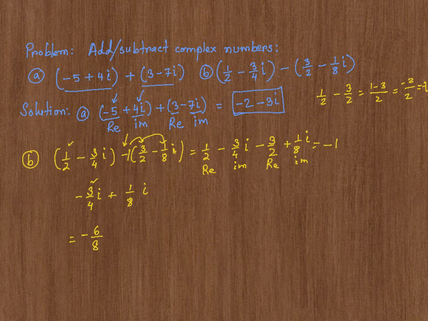So 3/4 is the same as 6/8. Then negative 6/8 i plus 1/8 i. Now you have the same denominator, so you can combine them. Negative 6 plus 1, times i, divided by 8, which is going to be negative 5/8 i.